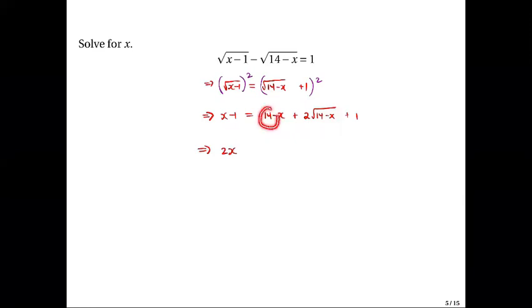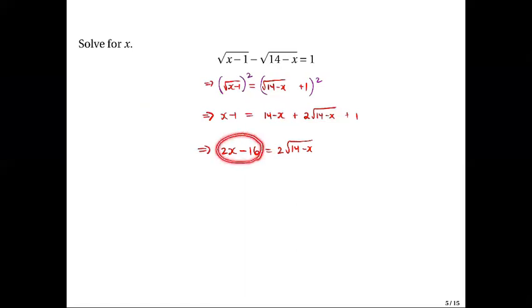On this side, you have 14 and 1, that's positive 15. If we bring it to the other side, it becomes minus 15. So you will have minus 1, minus 15, that's minus 16. Then on the other side, we'll just have 2 square root of 14 minus x.